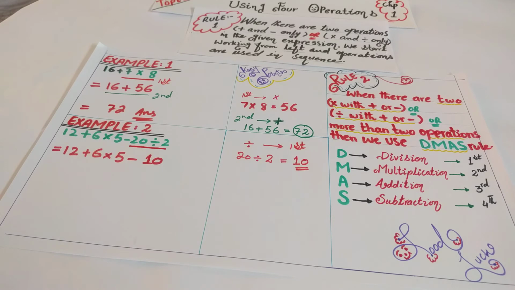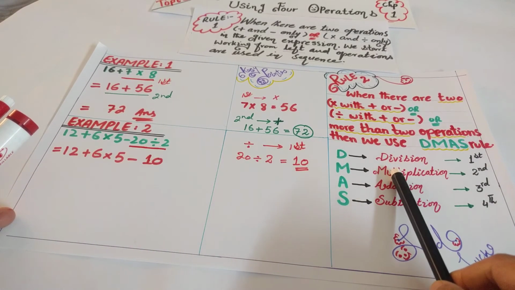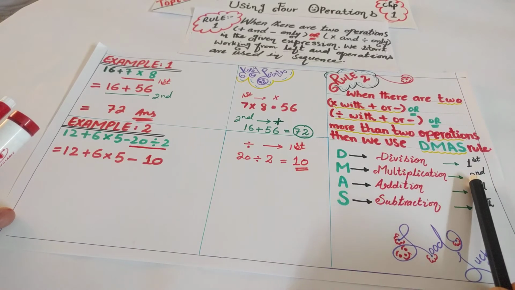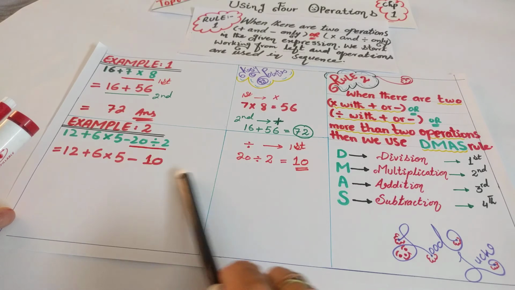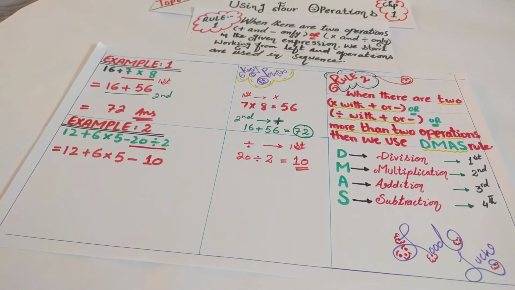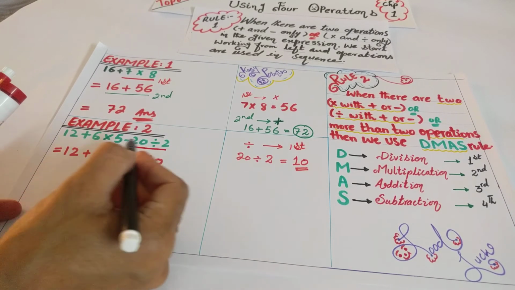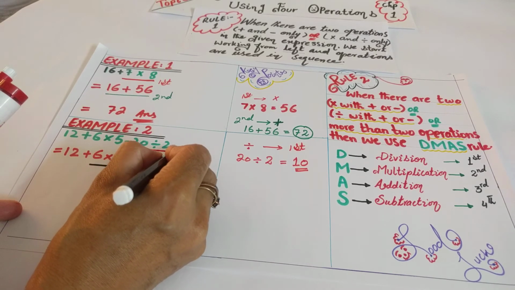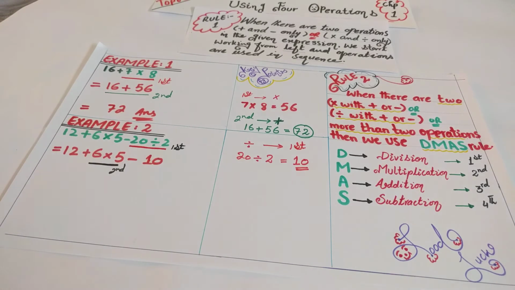Clear? Now come to the next. According to the DMAS rule, second is multiplication. Go back to your expression and check, is there any multiplication? Yes, there is multiplication. This one is multiplication. So firstly we solve the division, and now in the second position we will solve the multiplication.